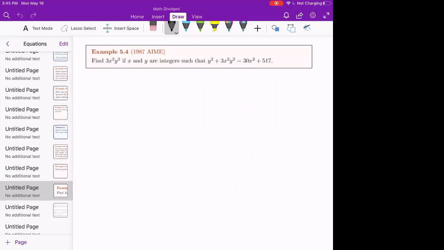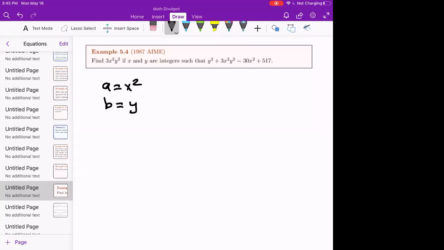This problem looks a little intimidating at first, since we have all of these x squareds and y squareds. But what we notice is that the x squared and y squared can simply be substituted. So here we're going to let a is equal to x squared, and b is equal to y squared.